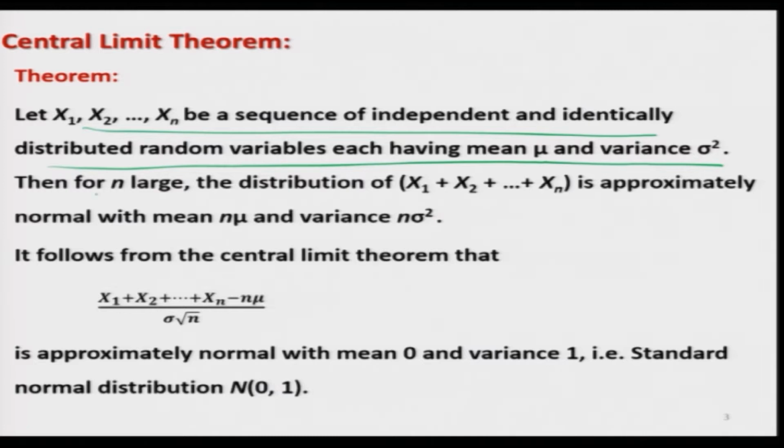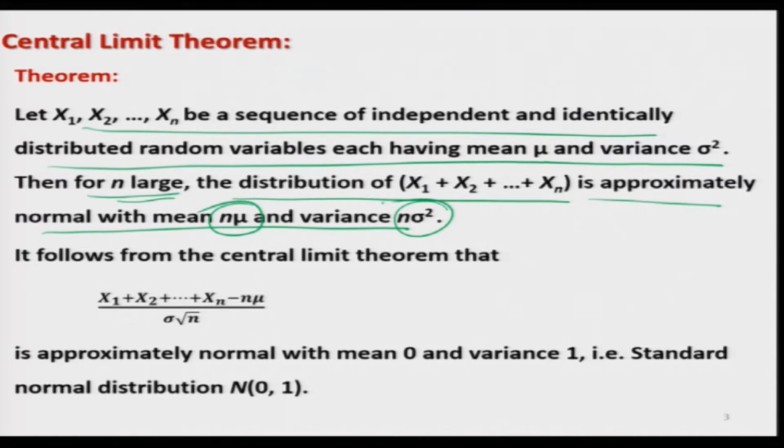Now, for large n, the distribution of x1 plus x2 plus ... plus xn is approximately normal with mean n times mu and variance n times sigma square. Then it follows from the central limit theorem that x1 plus ... plus xn minus its mean n mu, divided by its standard deviation sigma times root n, will approximately follow a normal distribution with mean 0 and variance 1. That is the standard normal distribution.